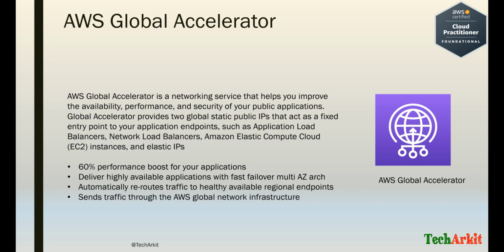That's the major advantage for any application hosted on multiple availability zones, right? It automatically reroutes the traffic to a healthy available region and sends traffic through the AWS global network infrastructure. That's basically how it accelerates your application delivery to the users.